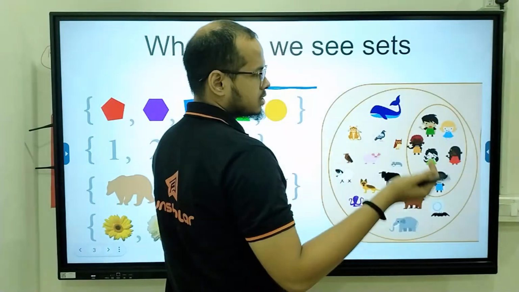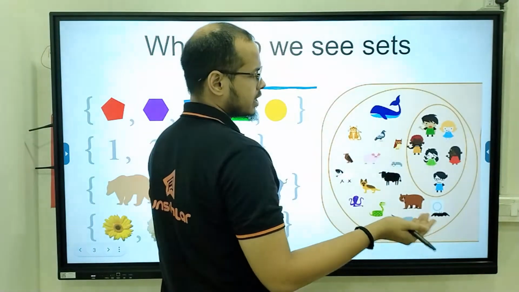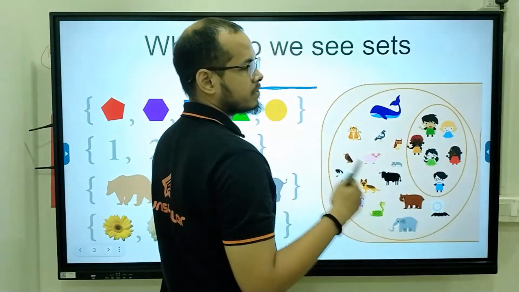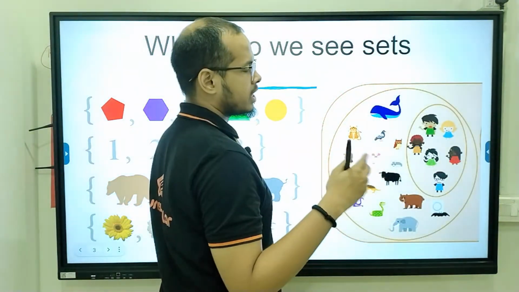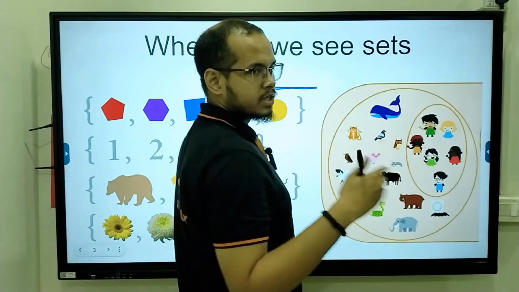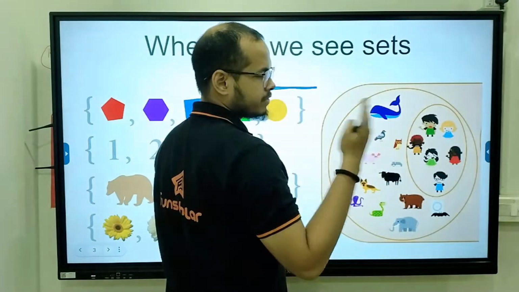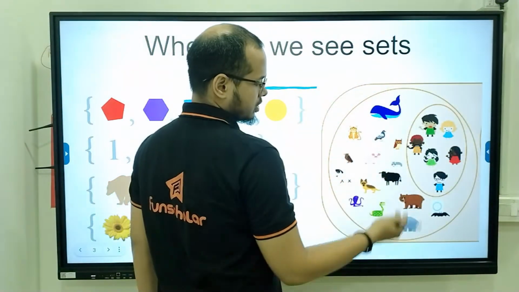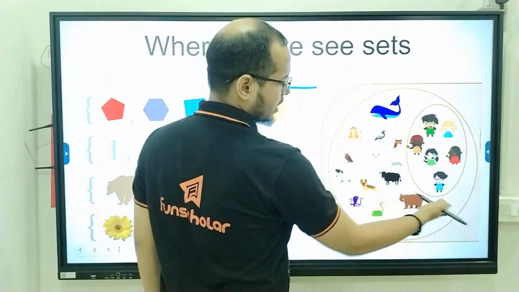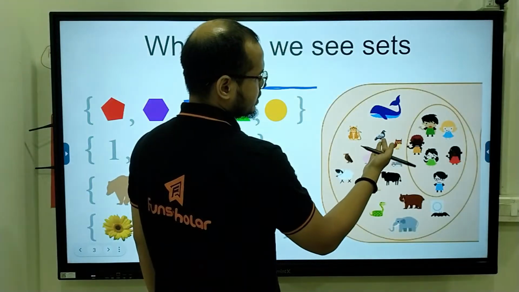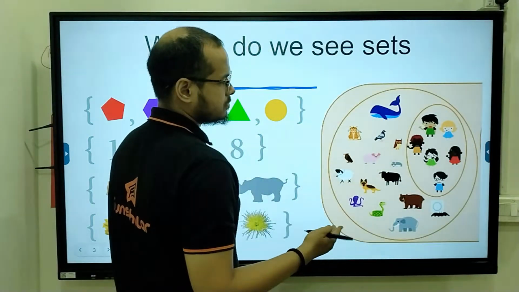Some are Caucasian, some are dark skinned, some are brown skinned like us, and some have different facial structures and hair structures. The entirety belongs to the human set. We are human, male, female, everything. After that, we have all the animals present: bats, bears, bull, pig, pigeon, whale. These are all different kinds of animals.